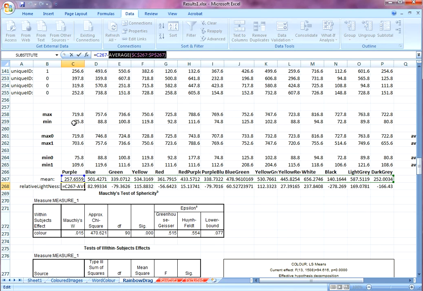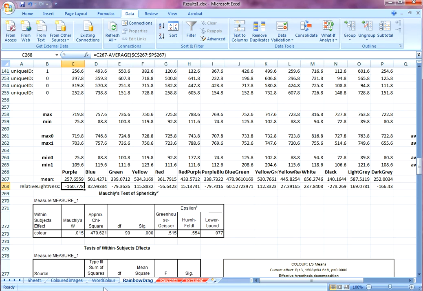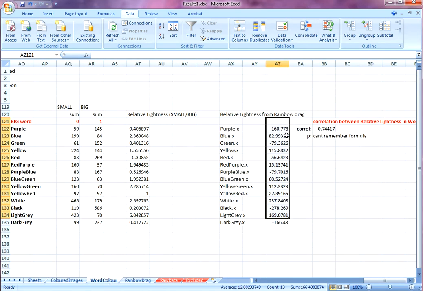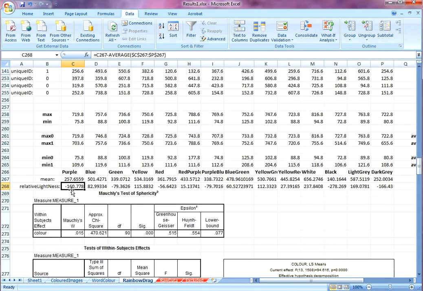I took the average of all these values along the top, and subtracted it from the mean. And those are the values which we used in the word colour dataset to compute the correlation. So minus 160, minus 160. Hopefully I've clarified things a bit.